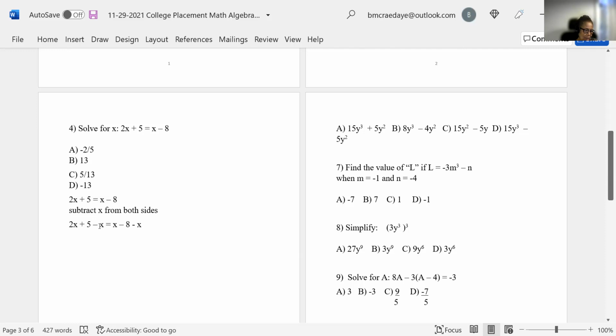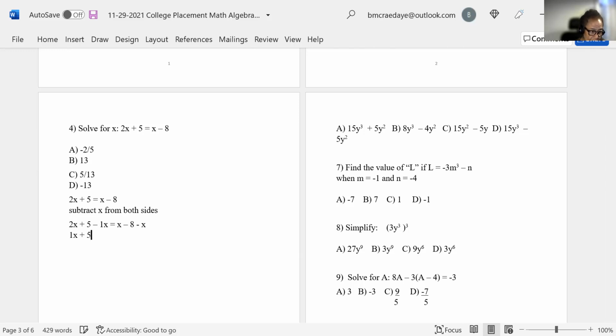Default is a 1. So that's really 1x, right? Oh, 1x. So subtract the coefficient. 2 minus 1 is what? 1. So that's going to be 1x. And then we have plus 5.